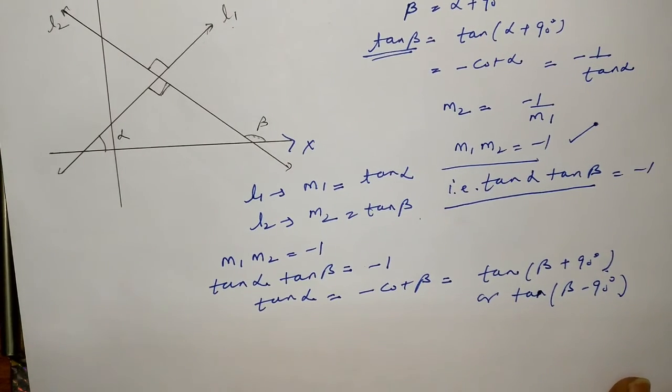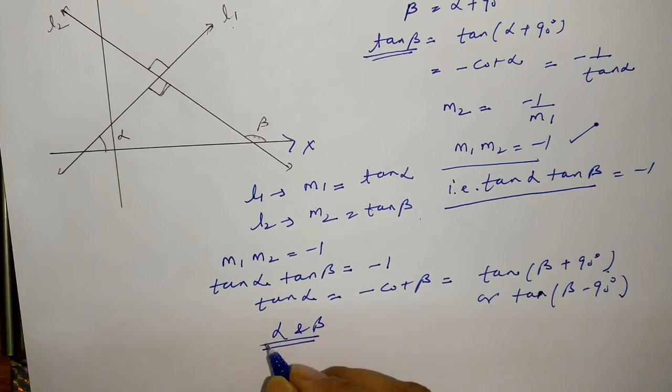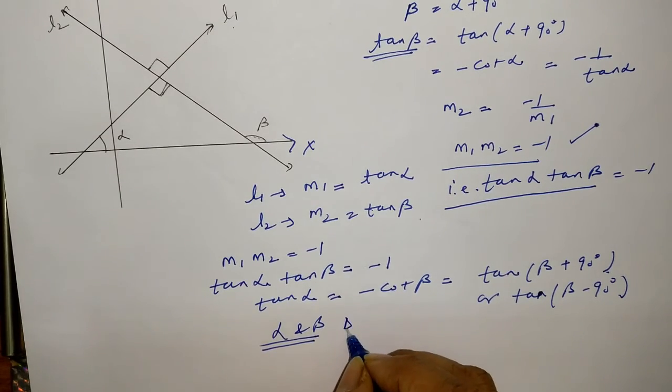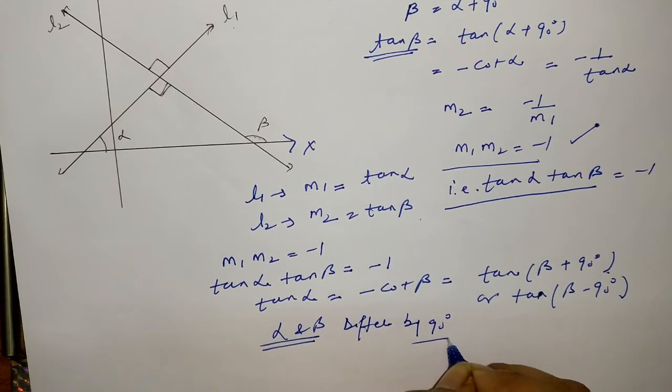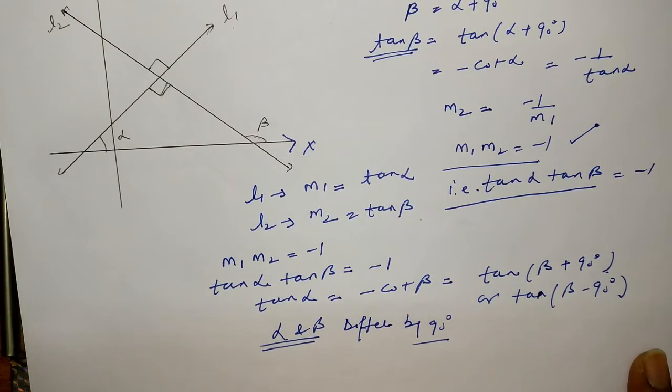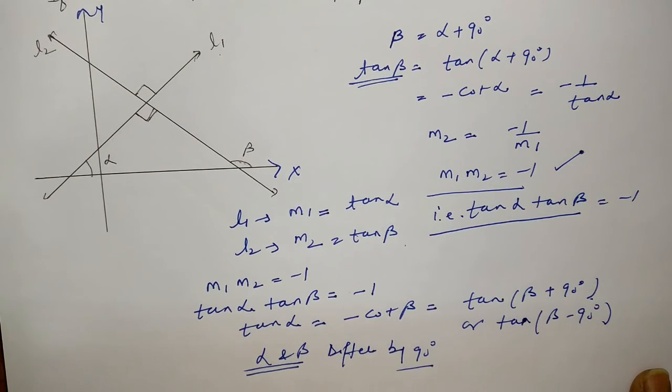So in this case you can see alpha and beta differ by an angle of 90 degree. So two non-vertical lines are perpendicular to each other if and only if the product of their slopes is -1, or their slopes are negative reciprocal of each other.